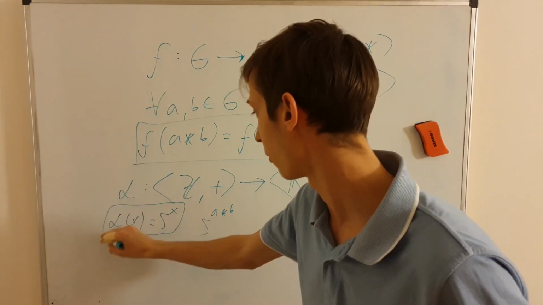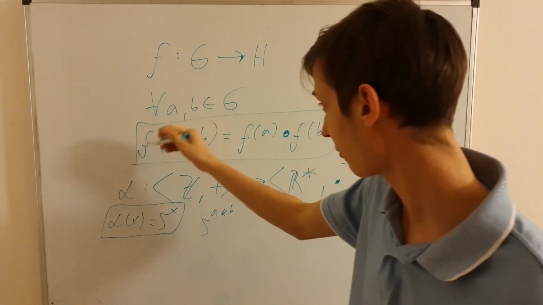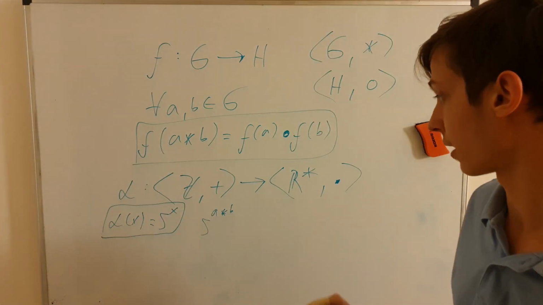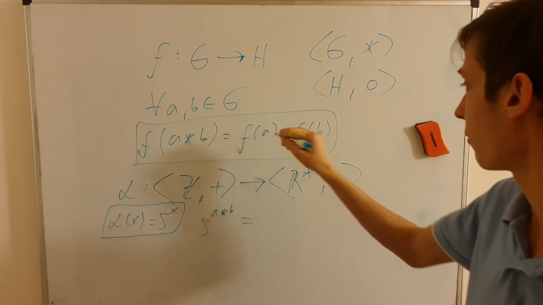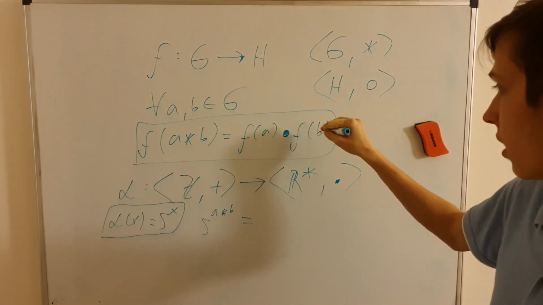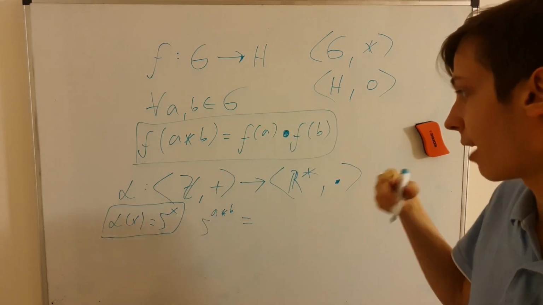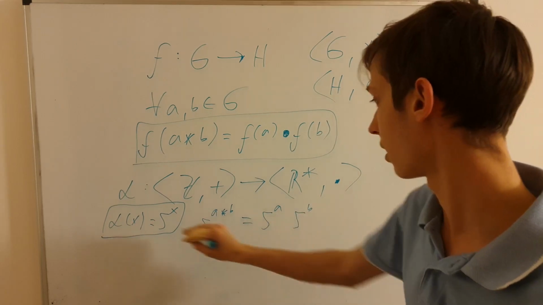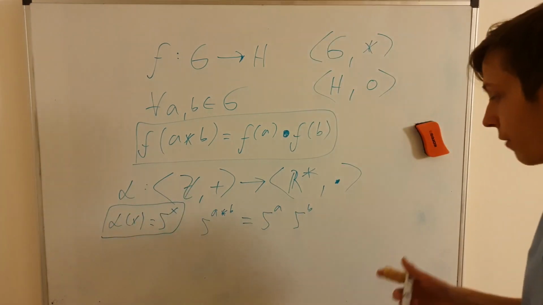That's the alpha of x, right? Because now we're not doing f in general terms, now we're doing this concrete alpha, and this concrete alpha of x is equal to 5 to the x. Then this should be equal to f of a in the operation of the second group with f of b. And f of a and f of b are 5 to the a and 5 to the b, with this alpha of x.